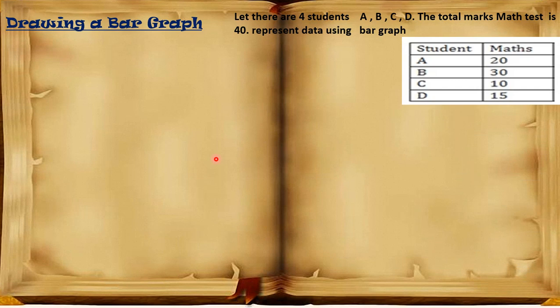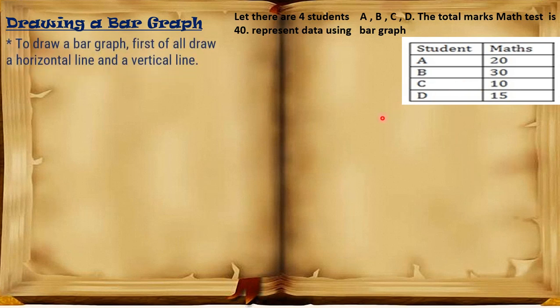Student A scores 20 marks, B 30 marks, student C 10 marks and student D 15 marks. Now we have to draw the graph for this data, using bars of uniform width to show the students and their marks.